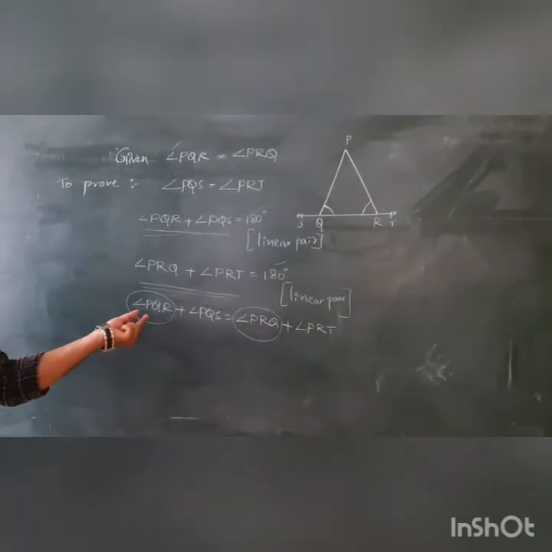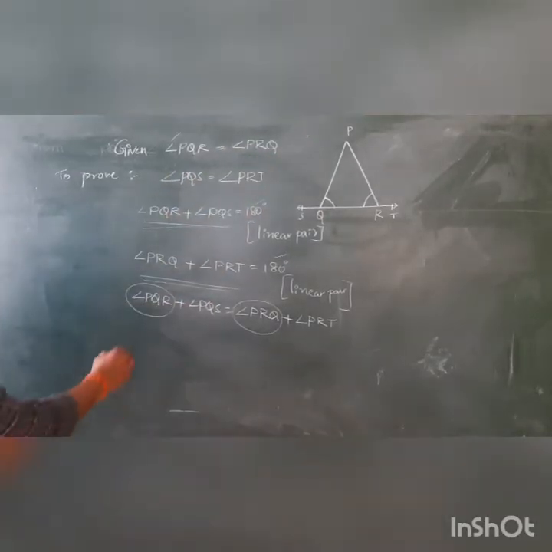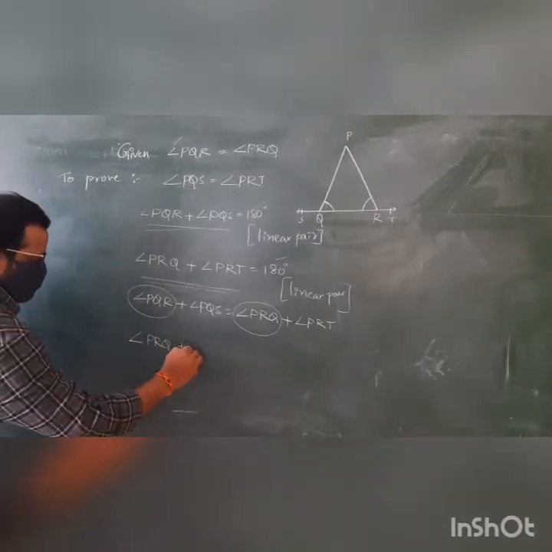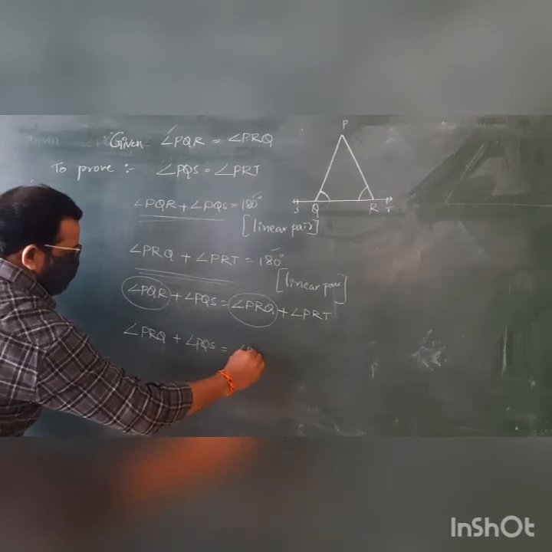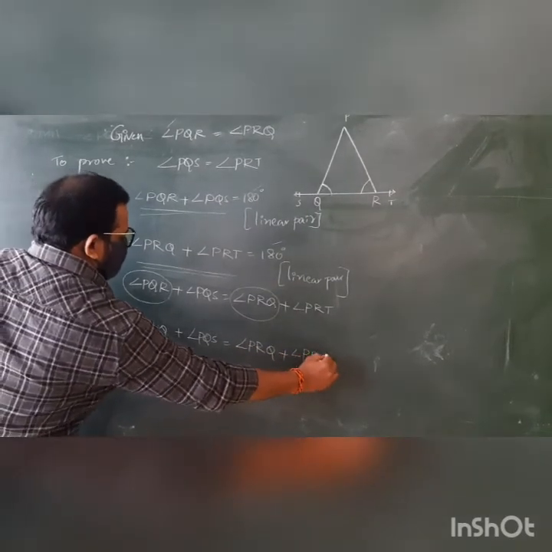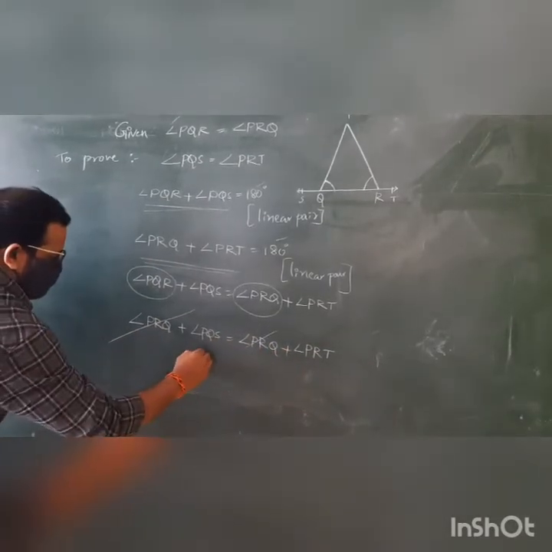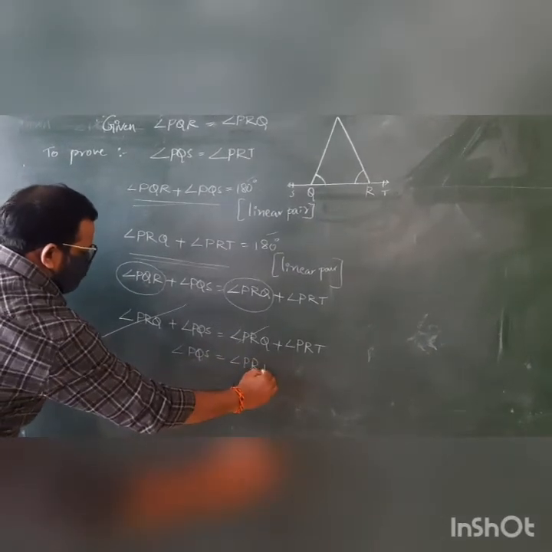So in place of angle PQR we can write angle PRQ. So we will get angle PRQ plus angle PQS is equal to angle PRQ plus angle PRT. After cancelling these two, we will get angle PQS equal to angle PRT, which is required to prove.